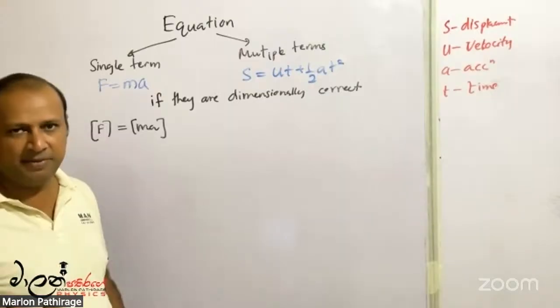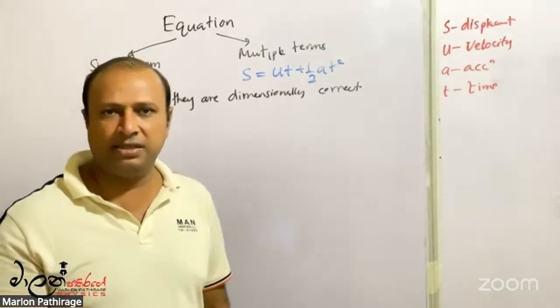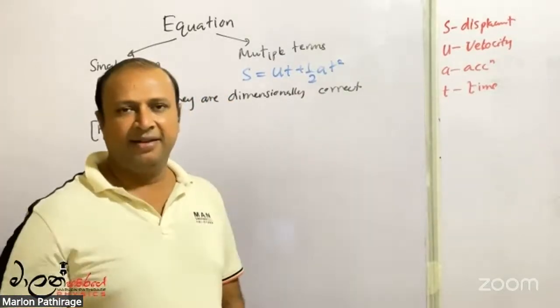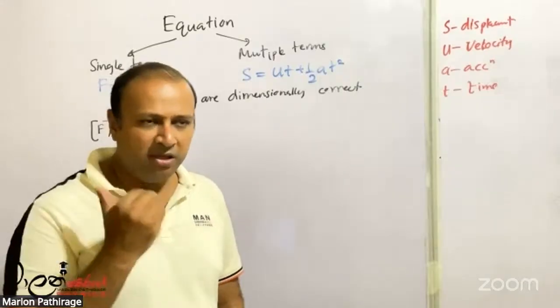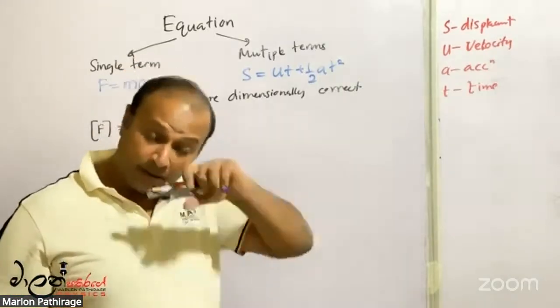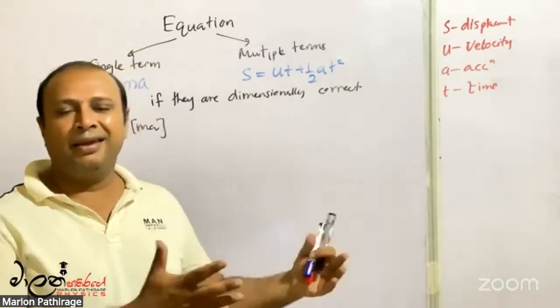So that is another method. I think the best way is to use the basic concept, because if you use the basic concept, there's no chance of getting an incorrect answer.